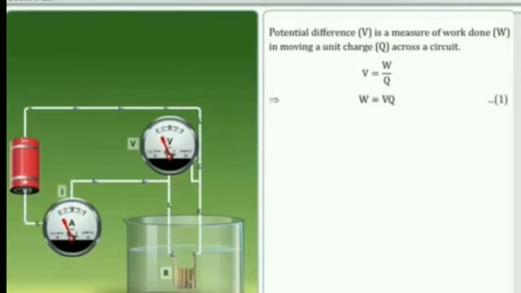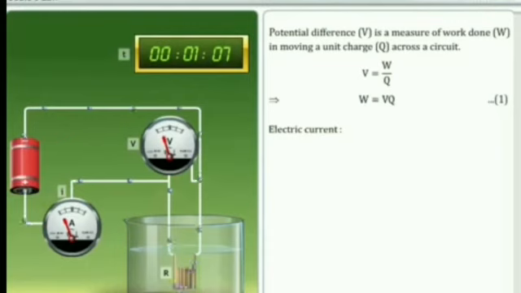According to the definition, potential difference V is equal to W by Q, and so we can write W = VQ. Take it as equation 1. Now you know that electric current I is equal to Q by T. So from there you can get an equation for Q which is equal to IT. Take it as equation 2.